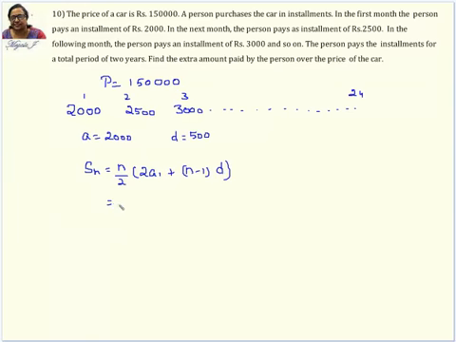Apply this formula here. So there are 24 months. So 24 by 2, into 2 into 2000, good. Then plus 24 minus 1, 23, into 500. That's all. You need to calculate this.